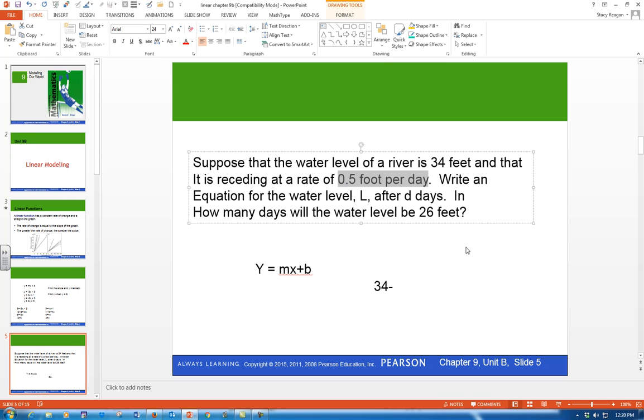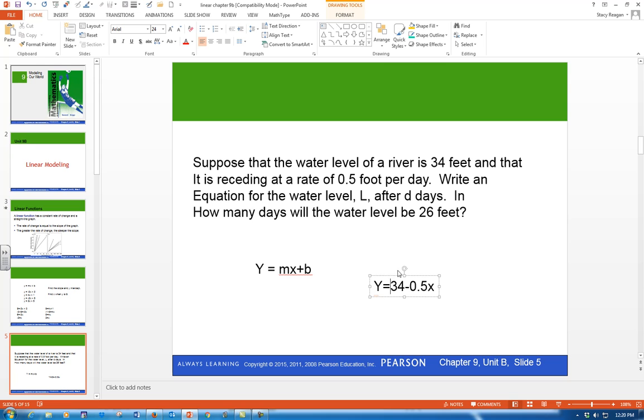And that's the part that is going to have your slope with it. So over here, when I go back to my text box, I have my 0.5, and then per day, that's the part that's going to have your x with it. So if it had been per minute, you'd have an x there, per hour, or whatever. And your y is just going to be stuck out in the front. That's going to be your equation.